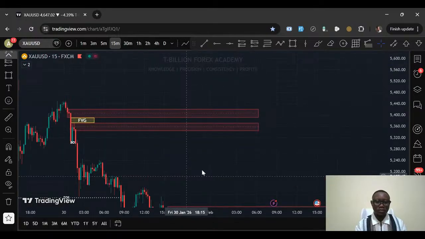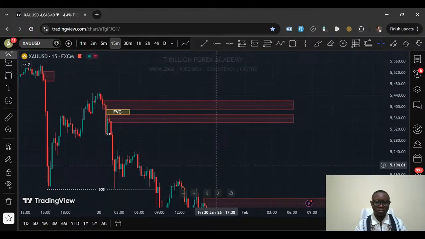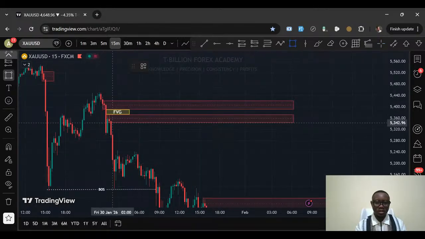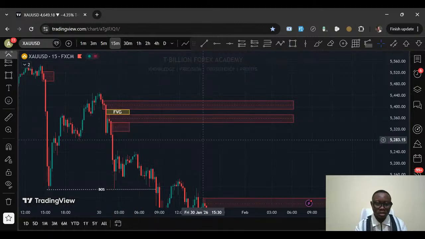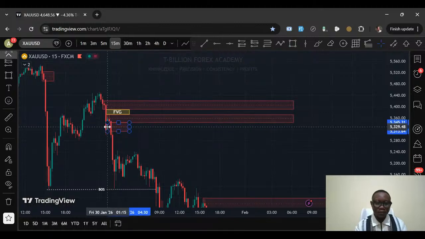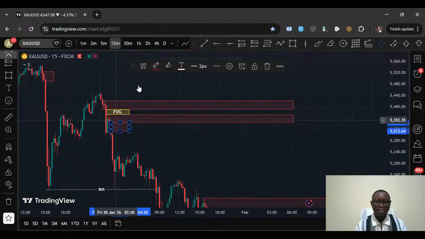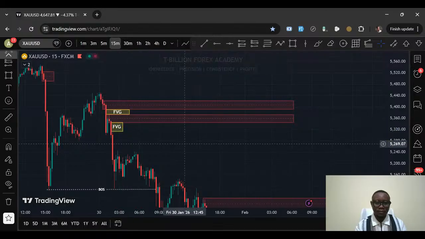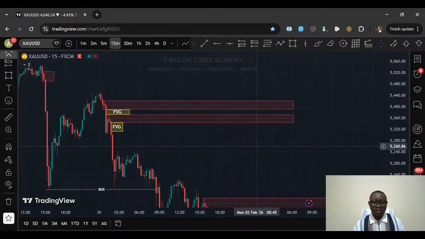All right, so we have this other block zone here, and this is our FVG, from this to this. Good. All right, great.